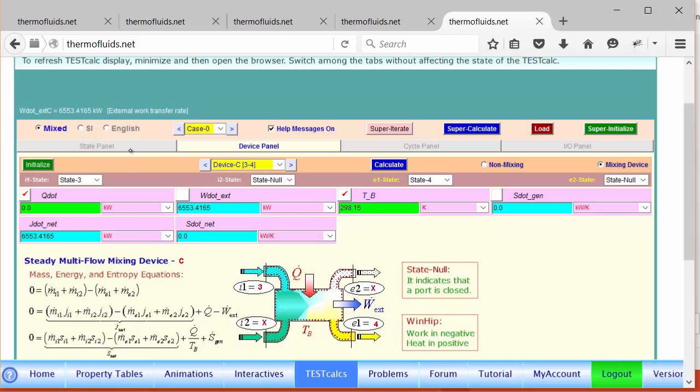We already have calculated all the states, so for the device all we need to do is to say 4 is my inlet, 1 is my exit. In a heat exchanger there is no work transfer, so 3532, we have found the heat transfer which matches.